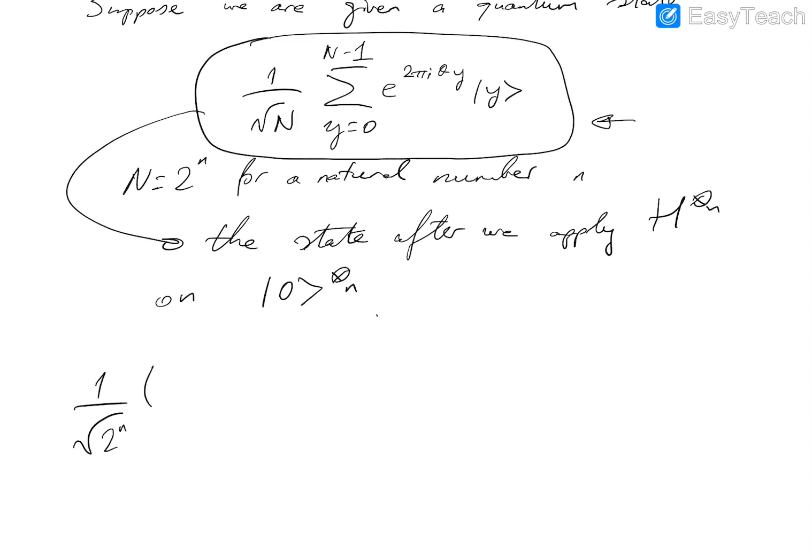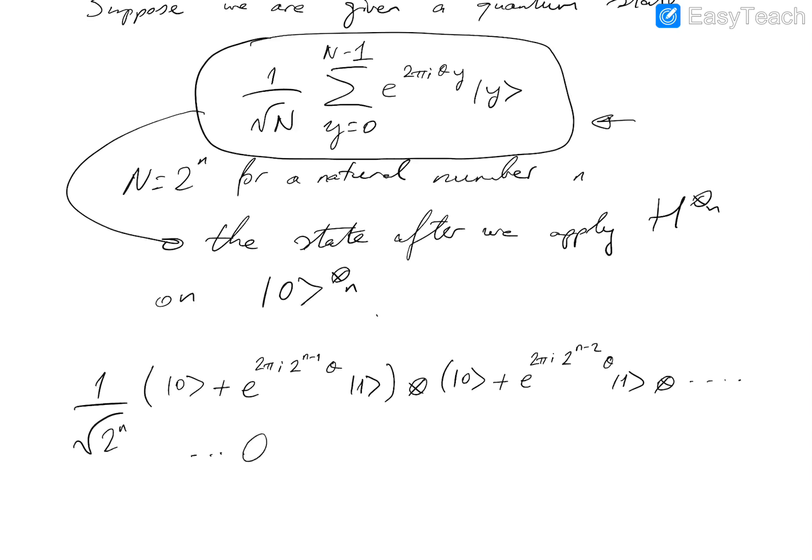And this state is equal to ket 0 plus e to the power 2 pi i 2 to the n minus 1 theta ket 1 for the first qubit, tensor, the second qubit is ket 0 plus e to the power 2 pi i 2 to the n minus 2 theta ket 1, tensor, and then last we have ket 0 plus e to the power 2 pi i 2 to the power 0, that's 1, times theta, ket 1.